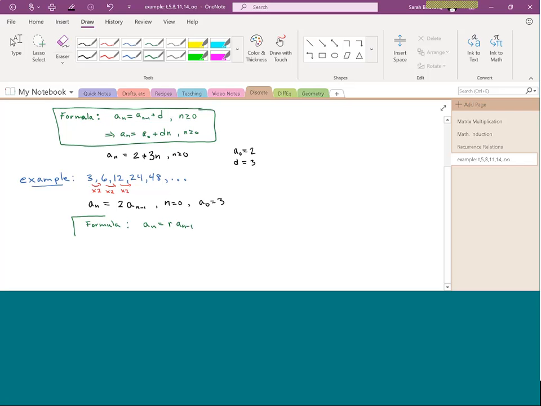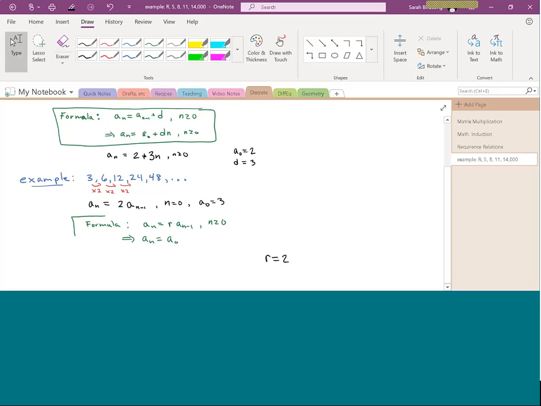So if we relate the general formula that has an R in it back to our specific formula, notice the R here would be that 2. So putting this together, the actual closed formula, or the formula that looks like a function, is going to be your very first term, A0.